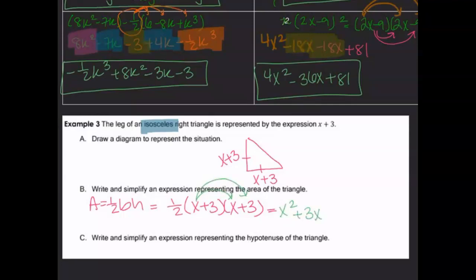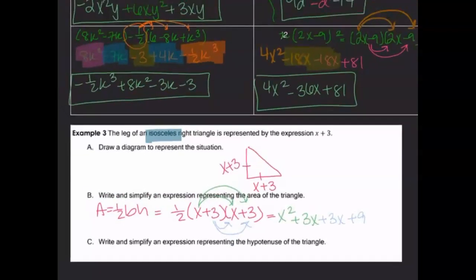Then I can do 3 times x, which is 3x, and 3 times 3, which is 9. So that's going to give me x squared. These can combine, plus 6x plus 9.